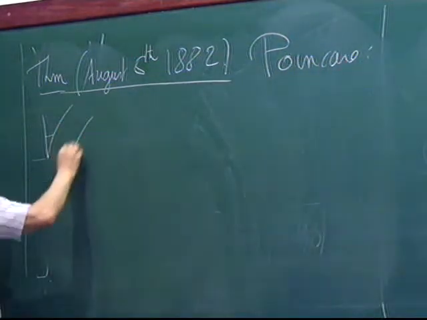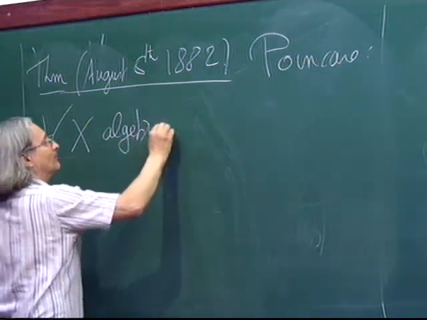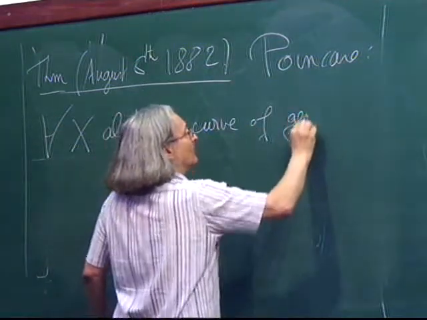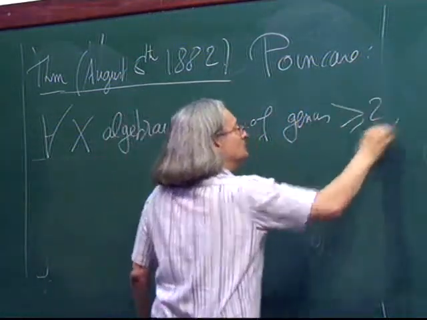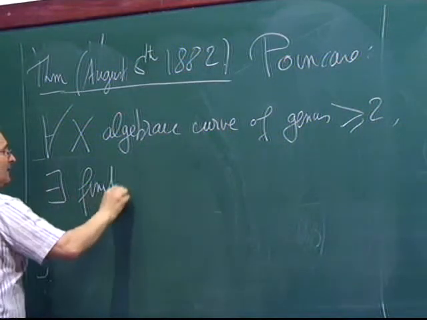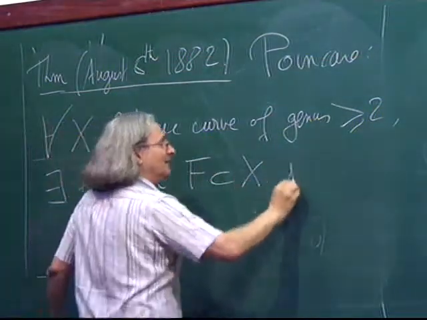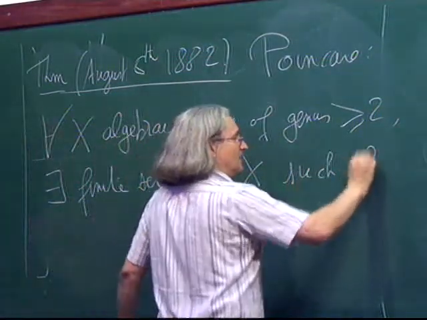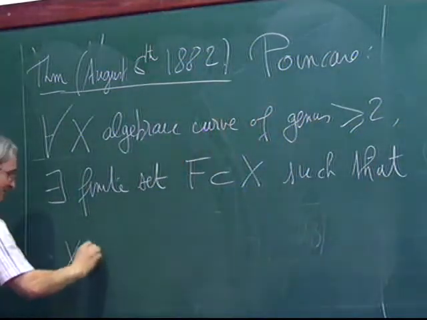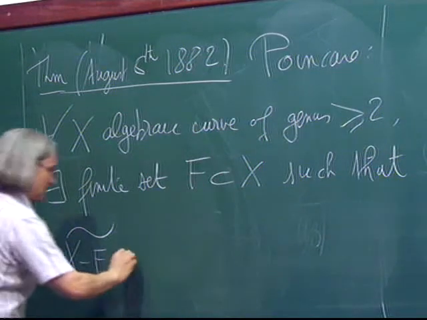For any algebraic curve of genus at least 2, there is a finite set F, such that the universal cover of the complement is the Poincaré disk.